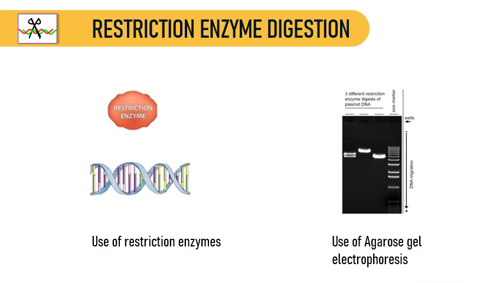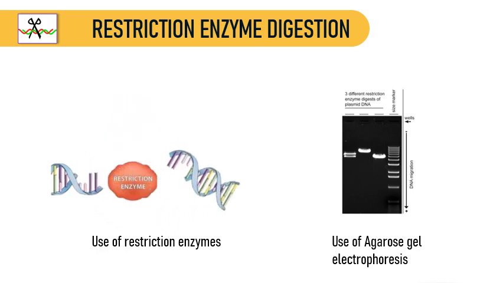So here you can see a restriction enzyme and here a DNA molecule, and let us see what happens to them. You can see that the restriction enzyme has cut the DNA molecule at the specific site, and the two strands have been separated. They involve the incubation of purified DNA with the selected restriction enzymes at conditions optimum for that specific enzyme.